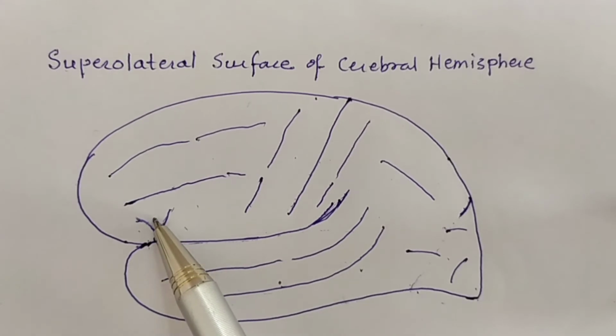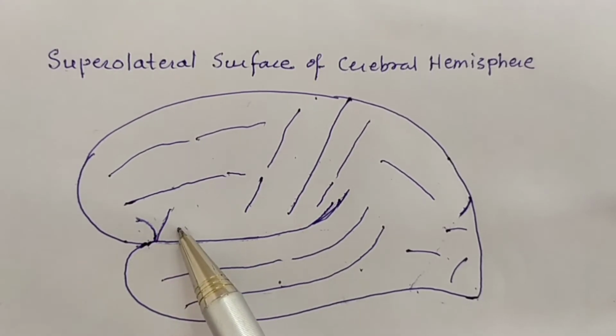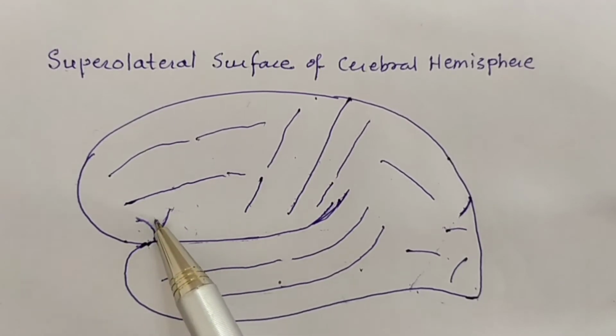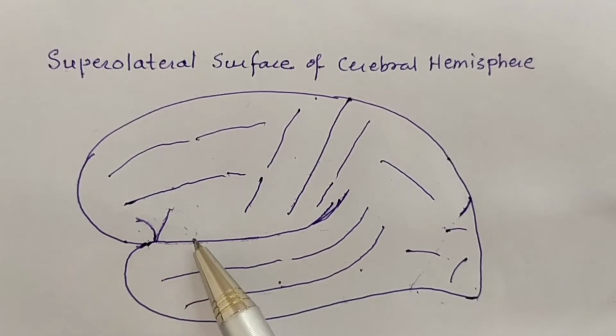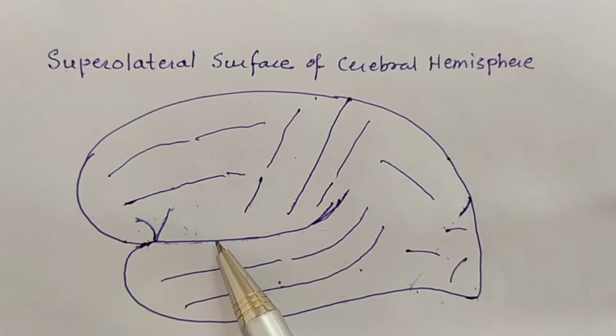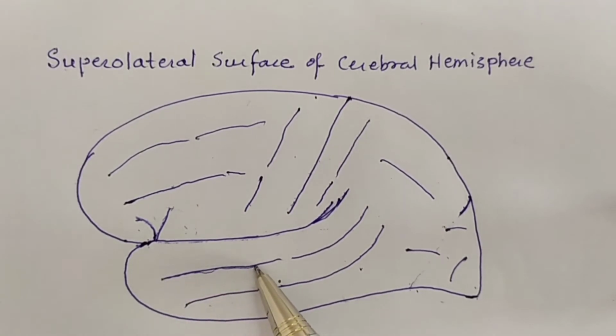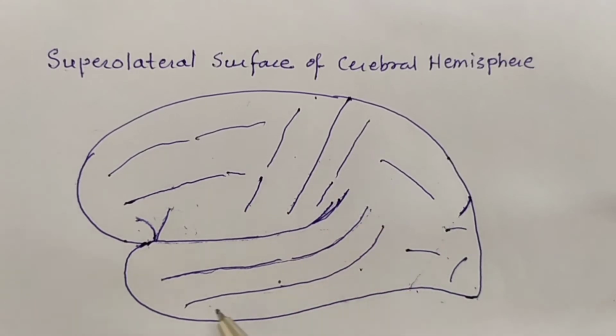The pars triangularis and pars opercularis, they form the Broca's motor speech area. Below the posterior ramus of lateral sulcus, this is the temporal lobe. It shows two horizontal sulci, superior temporal sulcus and inferior temporal sulcus.